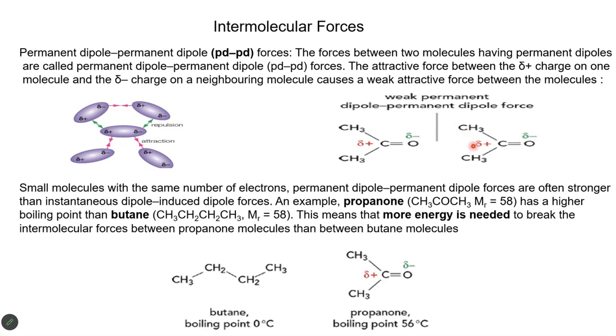Here you can see these are organic compounds, and we have developed a positive charge here, and as oxygen is highly electronegative, we have developed a negative charge here. We can take an example: propanol, whose relative molecular mass is 58, has a higher boiling point than butane, which has a relative molecular mass of 58.